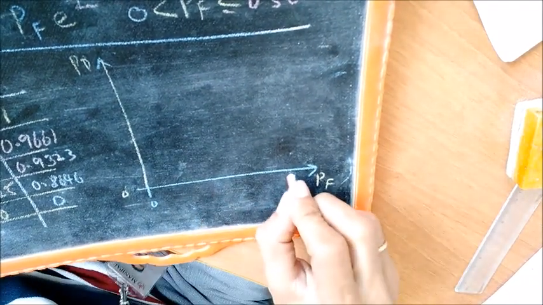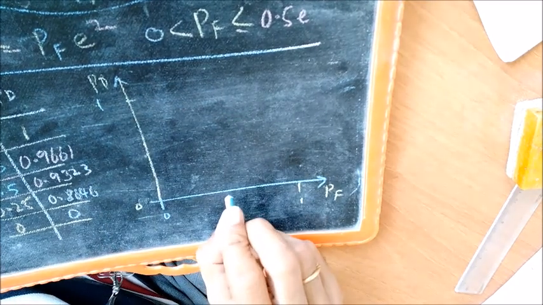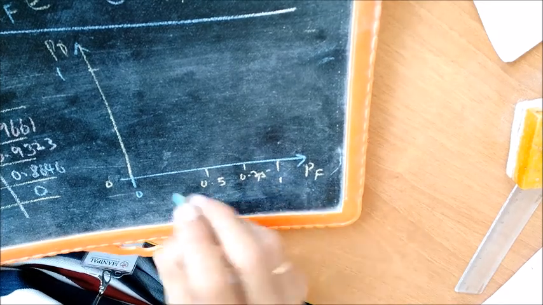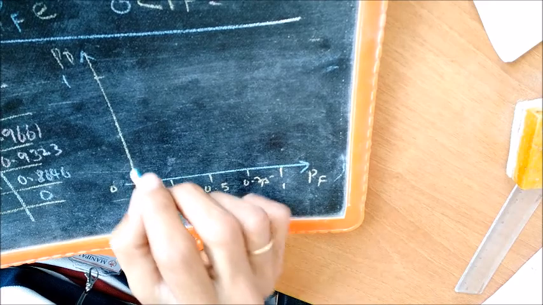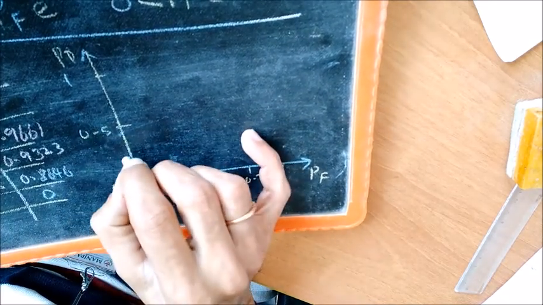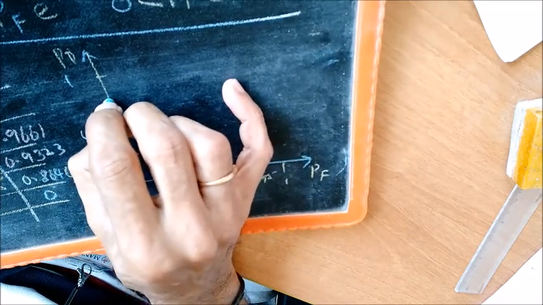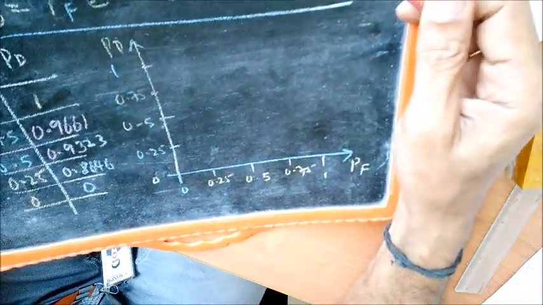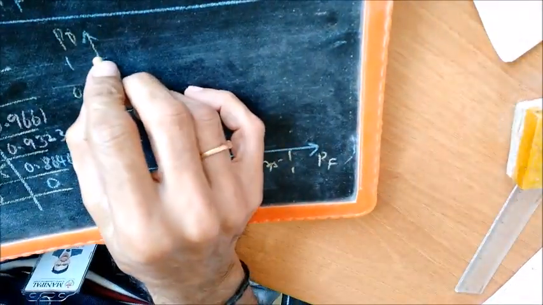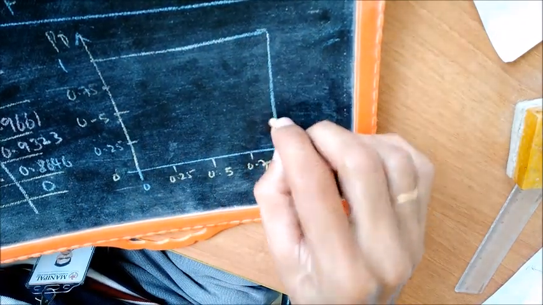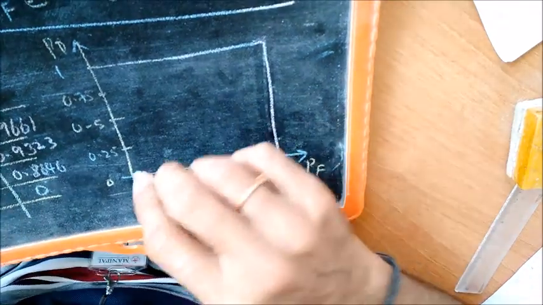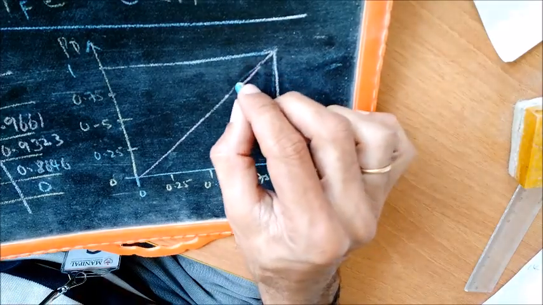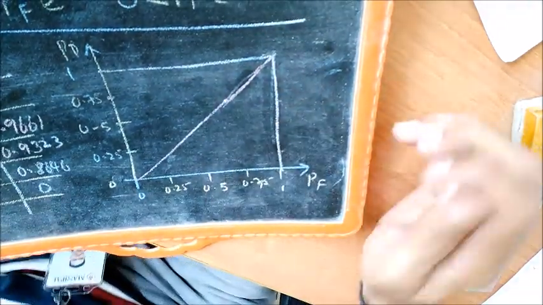Let's say 1, 1, 0.5, 0.75, 0.25, similarly 0.5, 0.25, 0.75, and this will be the PD is equal to PF line, a straight line.